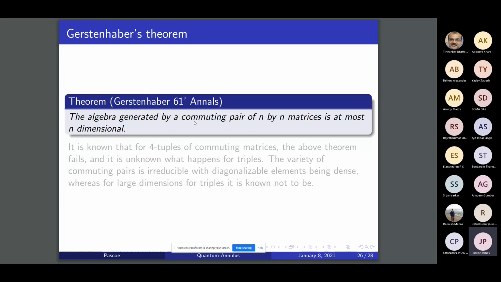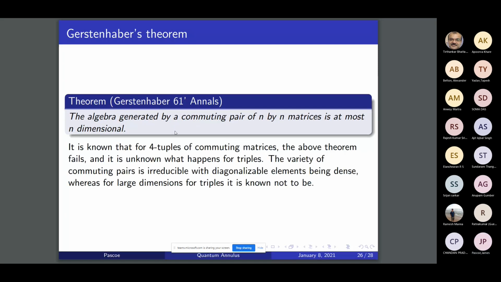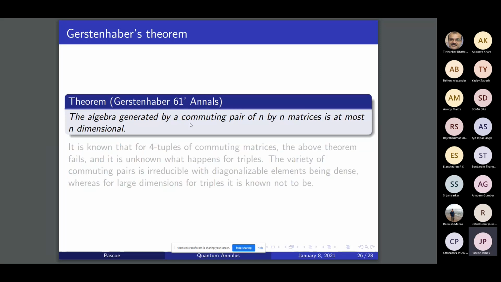The reason for this is that if you look at the set of pairs of commuting matrices as a variety, that variety is irreducible and diagonalizable elements are dense. And for diagonalizable elements, for simultaneously diagonalizable pairs, this result is obvious.